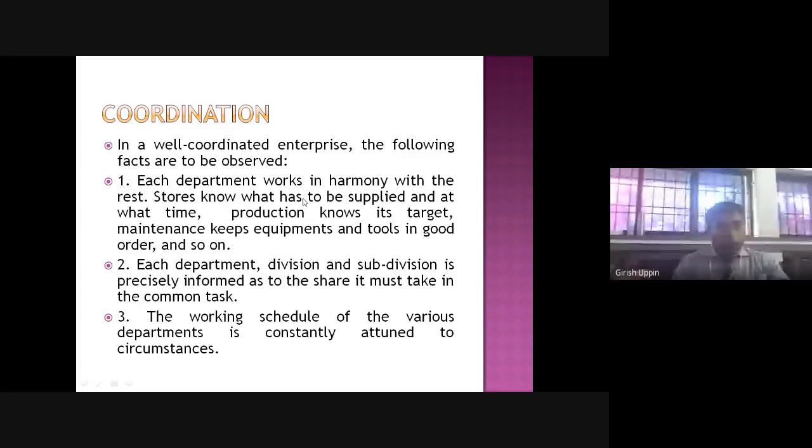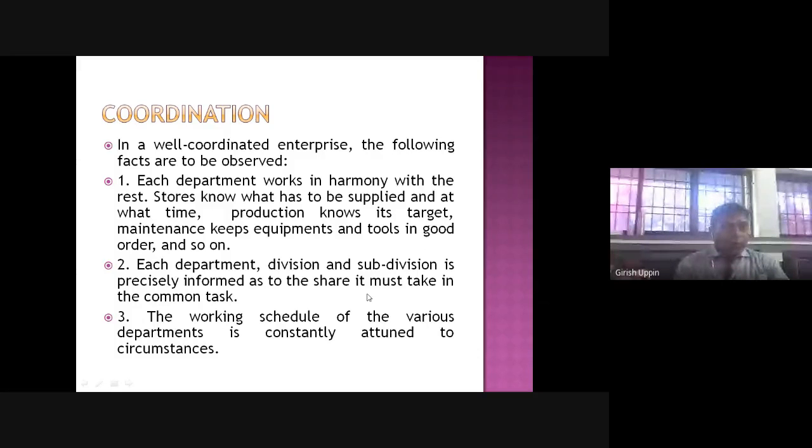Maintenance keeps equipment and tools in good order. See, this is how they work in harmony. The stores will supply the appropriate material at the appropriate time, the production team knows how much should be produced, that is the target, and the maintenance team will make sure that all the machineries, equipment and tools are in good condition so that production can meet the target.